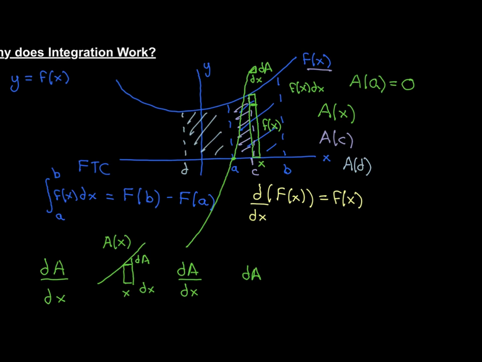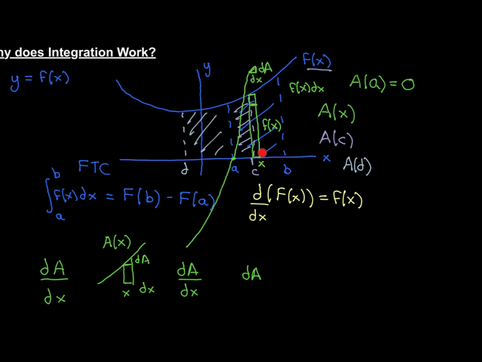Well, of course, the way we define this is it's the cumulative area function, so it is going to increase by how much the area under the curve from a to your new point x plus dx is going to increase from the old area from a to just x. And of course that's going to be this tiny little rectangle increase here. So we're going forward a tiny little amount dx.